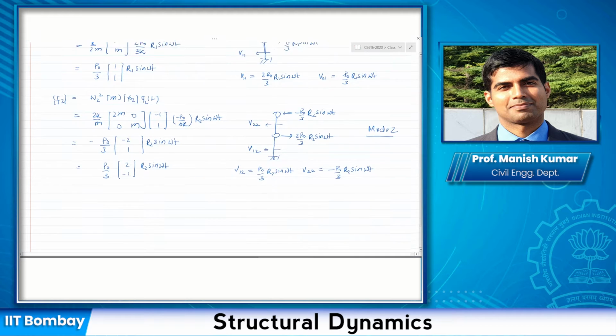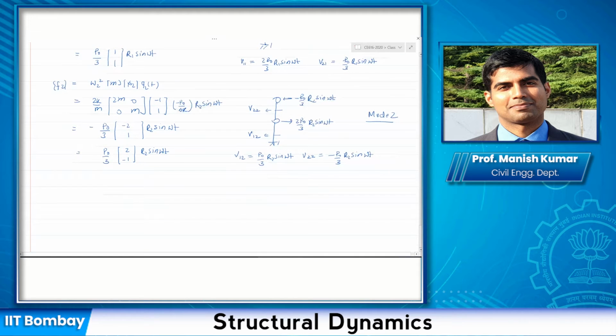So if you consider the first story, V1 would be the contribution of the first mode plus the contribution of the second mode at the first story. Let us sum this up, and we will get P naught by 3 times R1 plus R2 sine omega t.